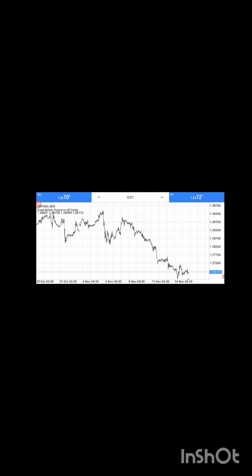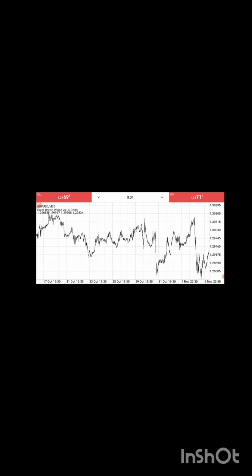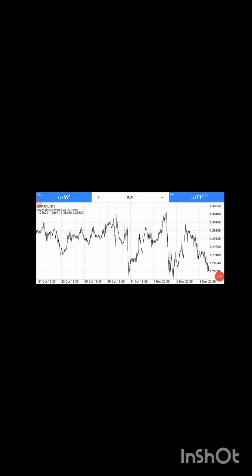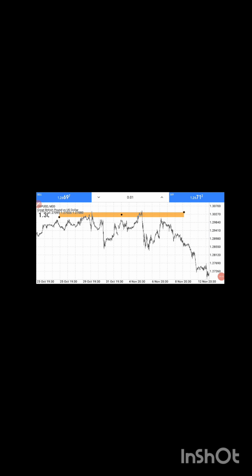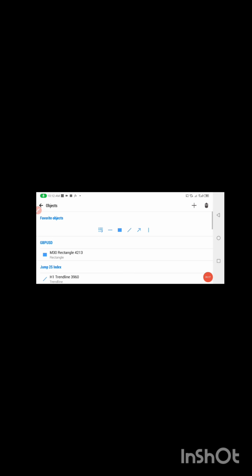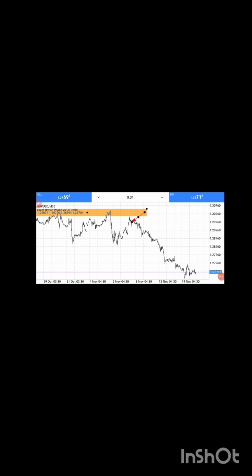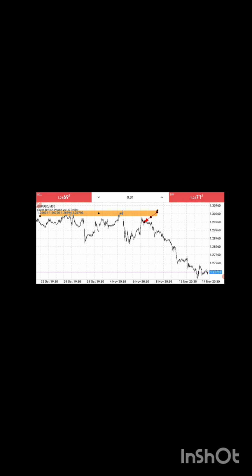Now we know that this place is a very strong resistance, and then we got a sell signal here, we place a sell here. Okay, or let's assume we put a sell there.